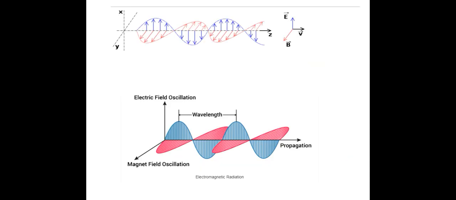Next, we can see that wavelength is there. Then magnetic field oscillation can be seen. This is a representation of a wave of electromagnetic radiation. Perpendicular propagation is there. So electric field oscillation, magnetic field oscillation, wavelength will be represented and propagation is there.